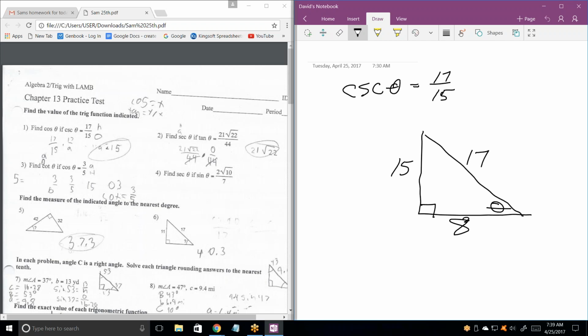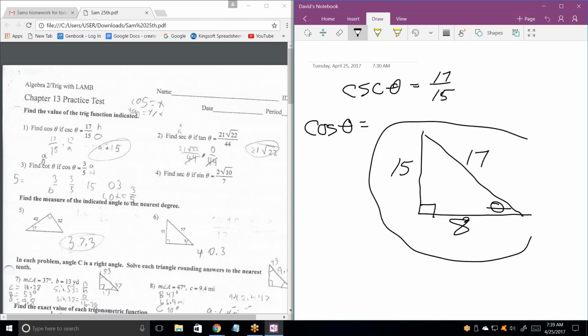Okay, now tell me what the cosine of theta is. The cosine of theta would be, you just have to use this triangle. What's cosine of theta? It would be opposite over your hypotenuse.